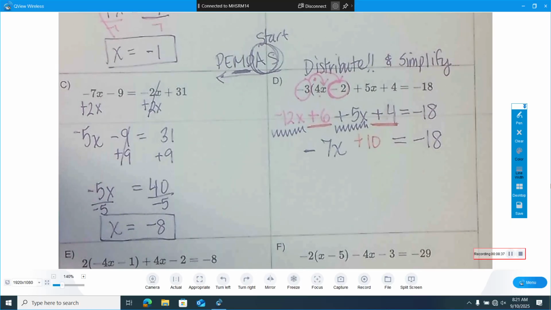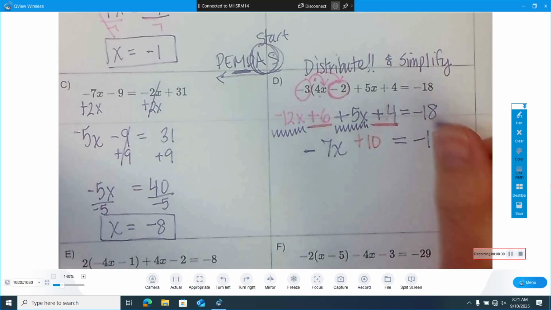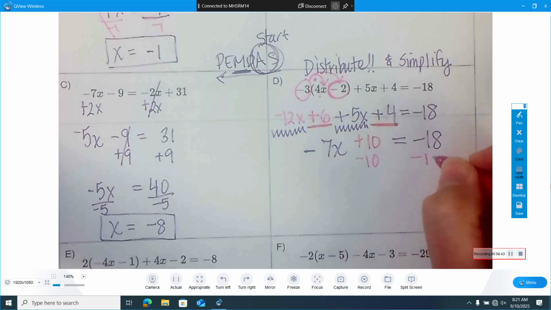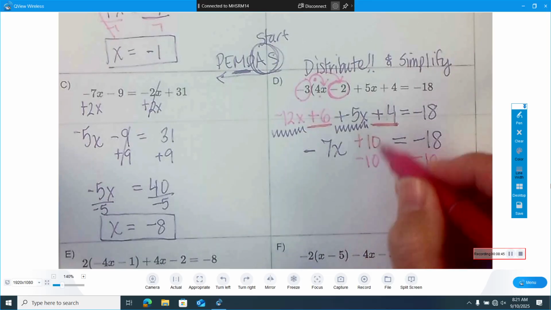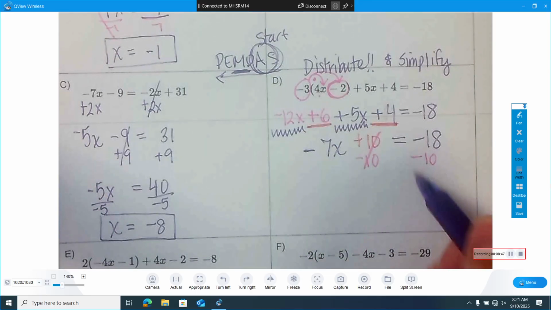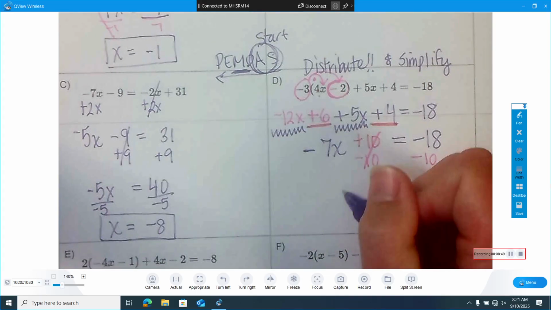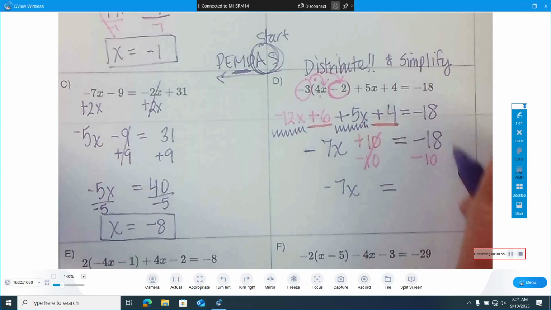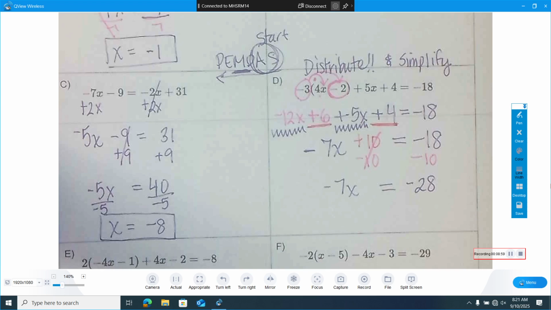All right, now what can we do? Minus 10 from both sides. So again, we're moving to the opposite side, which is why we're doing the opposite here. Negative 10 and positive 10 is 0. Leaves me with a negative 7x is equal to negative 28. A whole lot of negatives here, lots and lots of them. They combine to get 28 negatives.